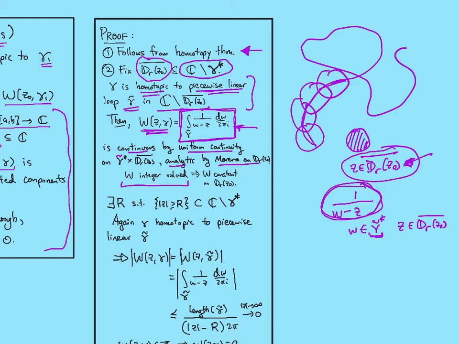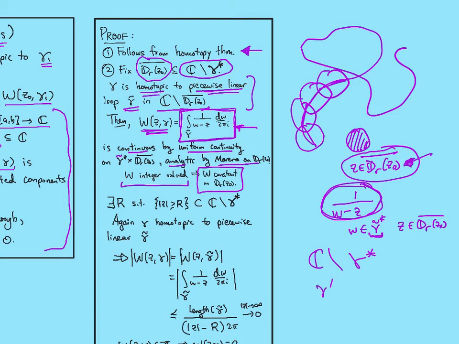And so to be continuous and integer valued, you have to be locally constant. So this winding number is constant on this disk. And so if it's locally constant and continuous, then it has to be constant on connected components of the set that we're talking about.